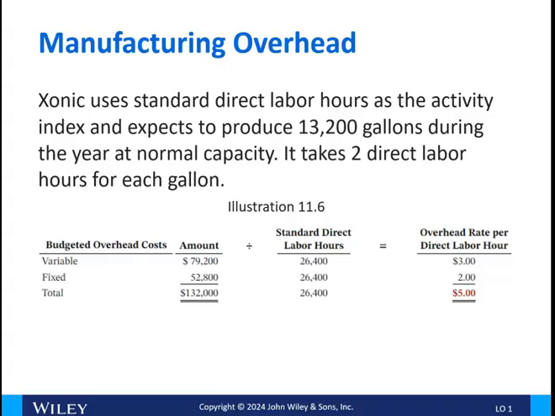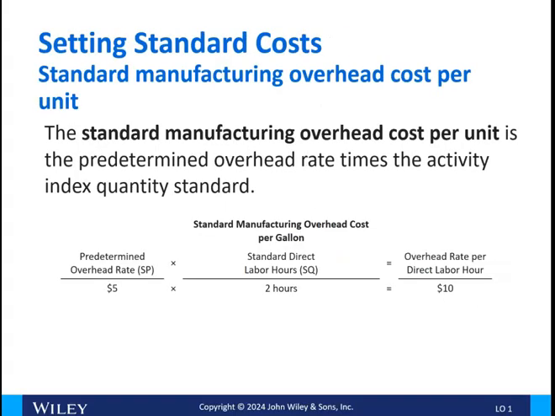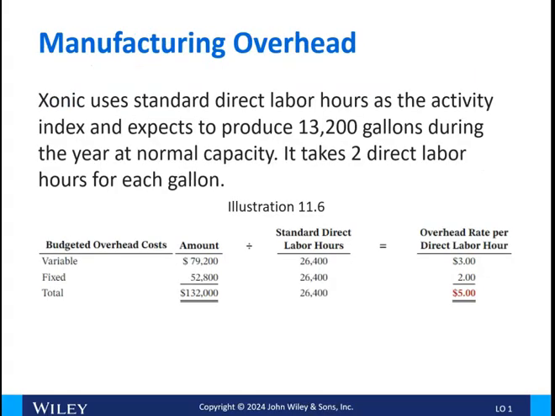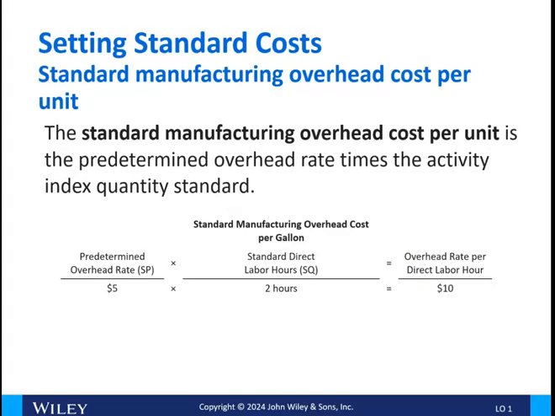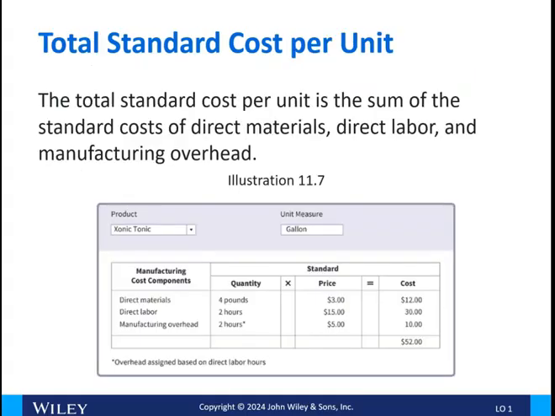So we divide the cost by the hours, and we get a rate per hour. So in this case, our overhead is $5 per hour. Then we know that it takes 2 hours of direct labor. So $5 times 2 hours, $10 is the overhead cost to get a finished good, a gallon.